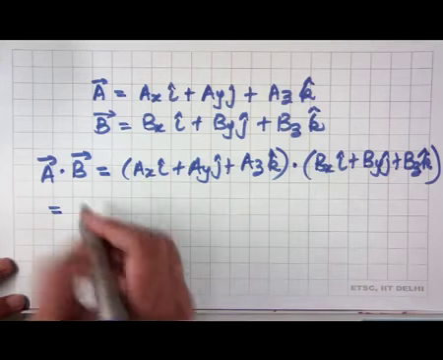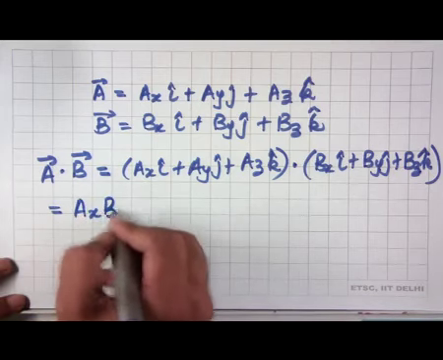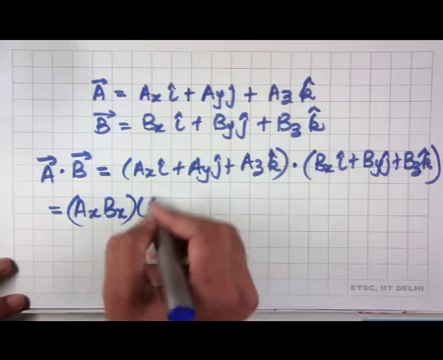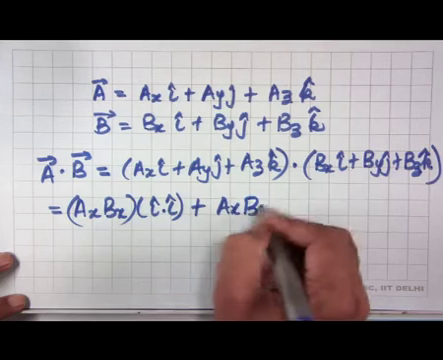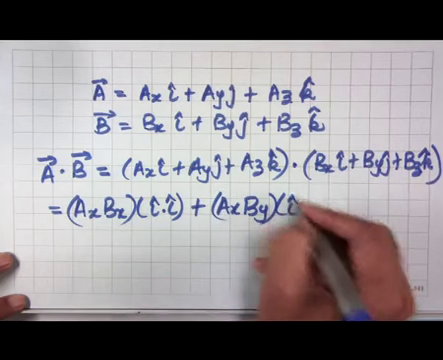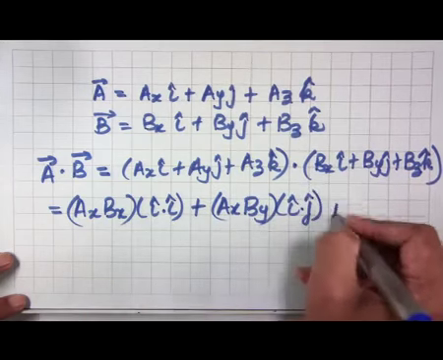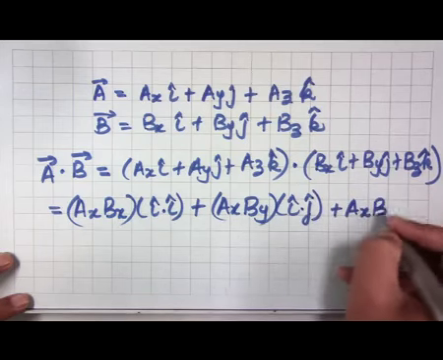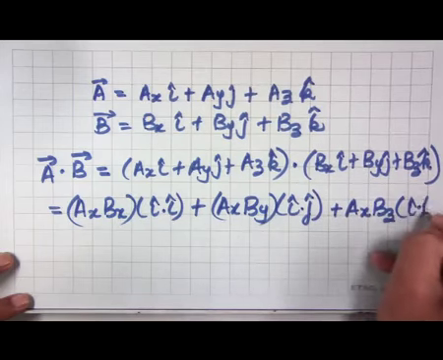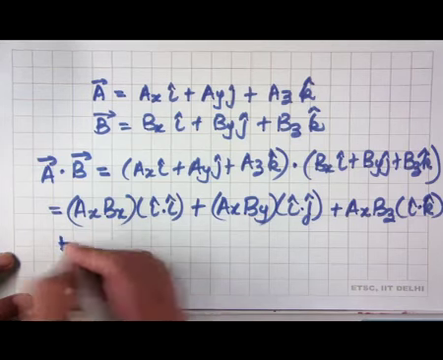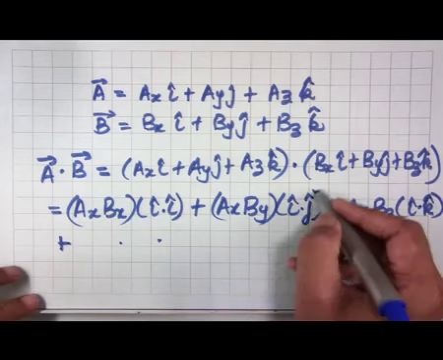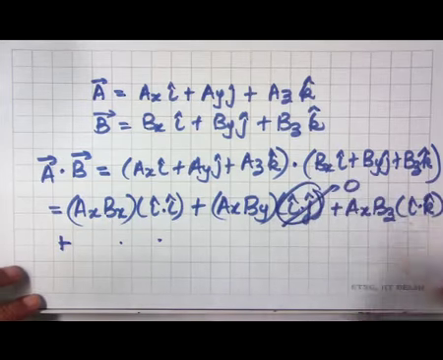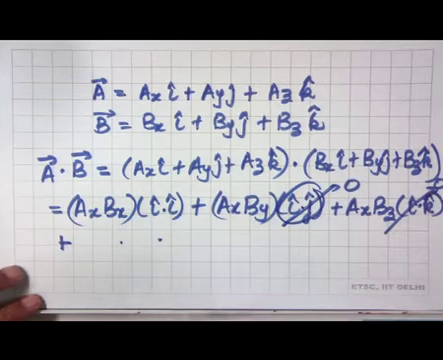The first term gives us AX BX times i dot i plus AX BY i dot j plus AX BZ i dot k, and then we can expand this, we will have a total of 9 terms. In these 9 terms, i dot j will be 0. Similarly, i dot k will be 0.